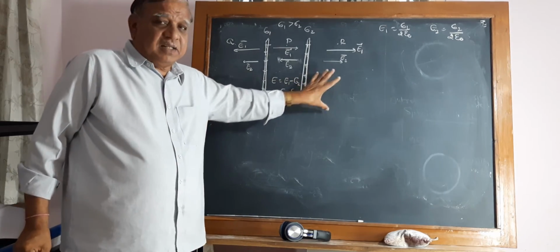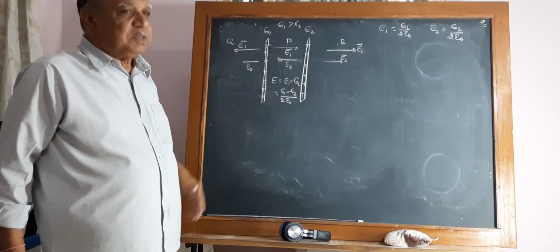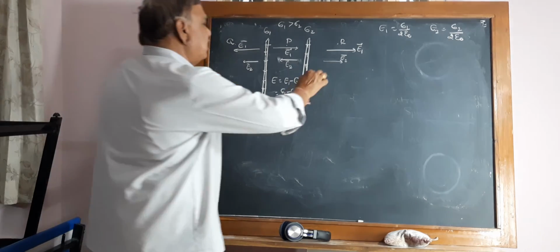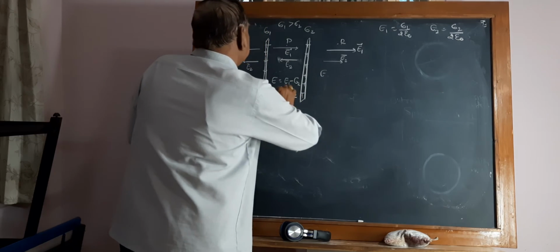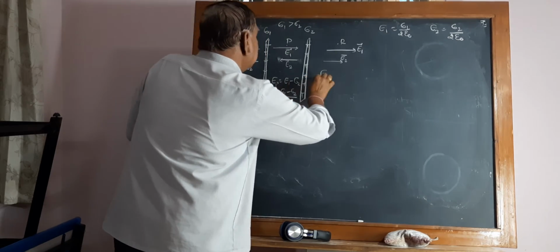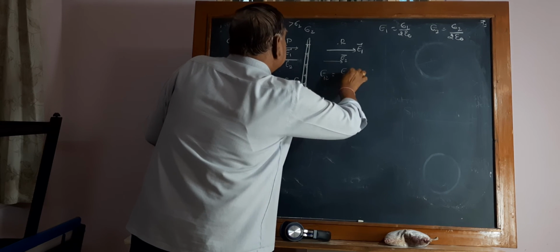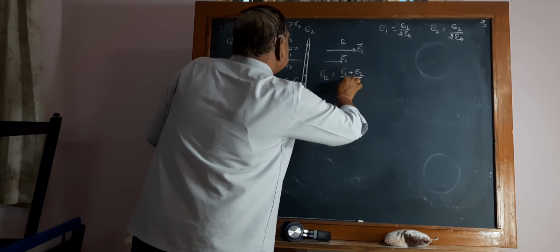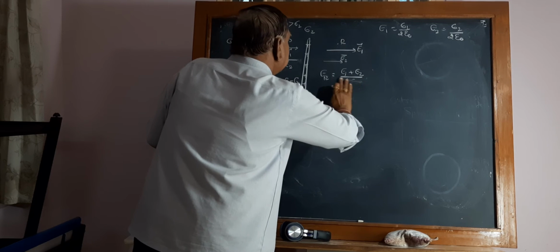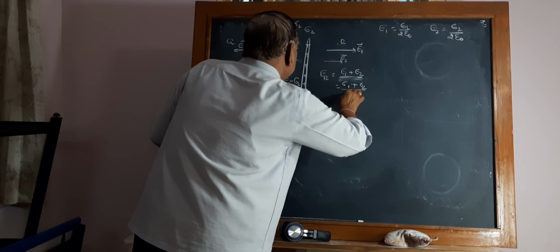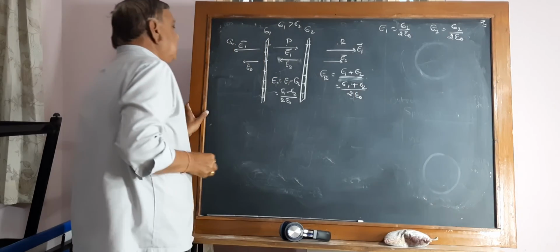While on this side, as both are parallel to each other in the same direction, here EP, here ER, then E1 plus E2 over 2 epsilon 0, meaning sigma 1 plus sigma 2 by 2 epsilon 0.